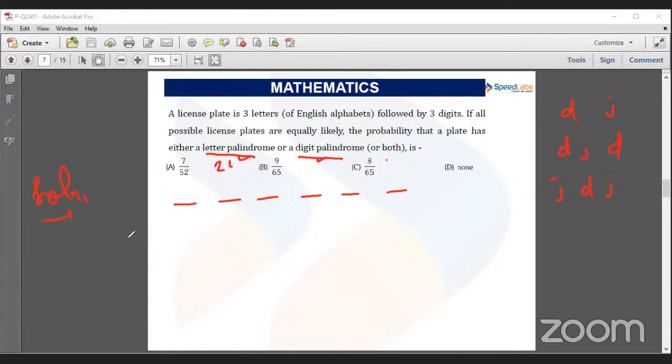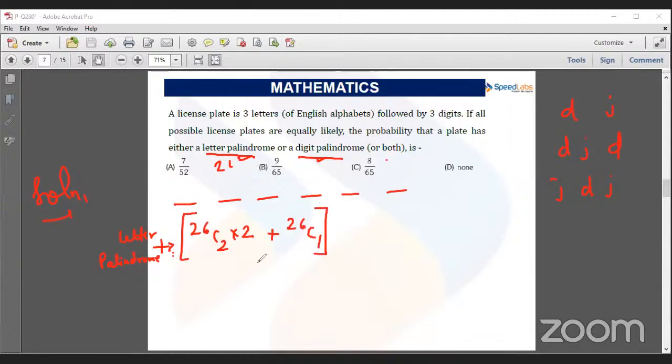So for the letter palindrome, it's either choosing two out of them in two ways, this is just for the letter palindrome, or choosing all of them as the same.